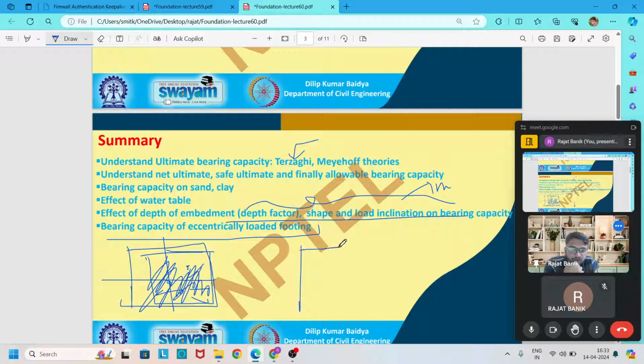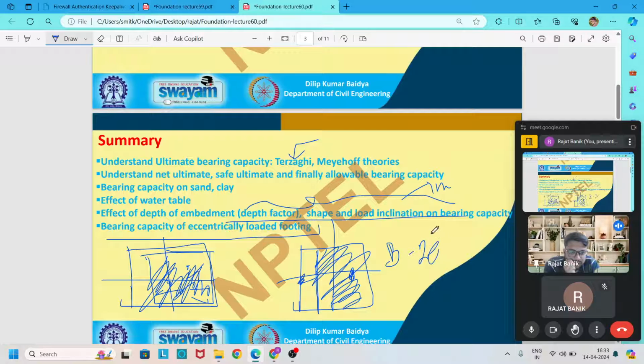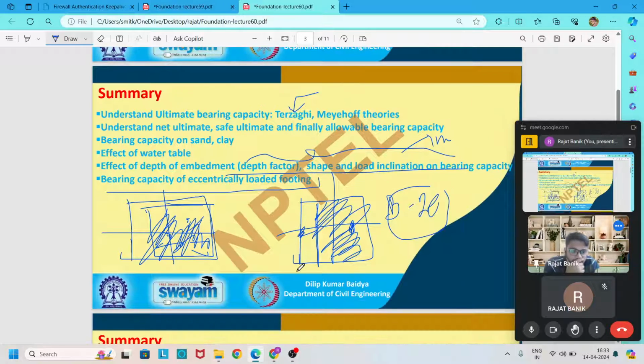If the load is at this point, then the effective area of this foundation is this only, because we neglect this part, and the effective width is B minus 2e. Please remember this: e is the eccentricity of the loading from the CG.